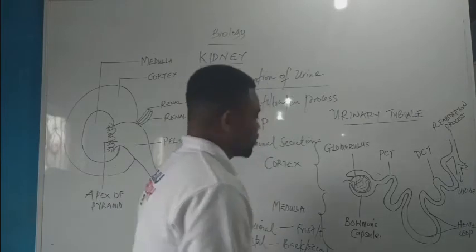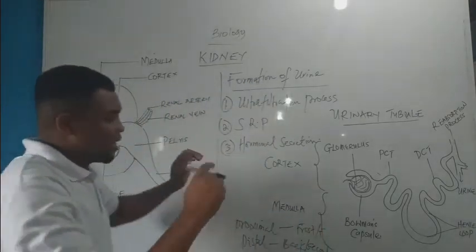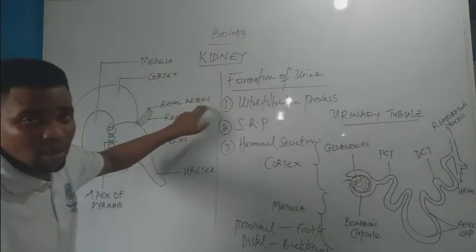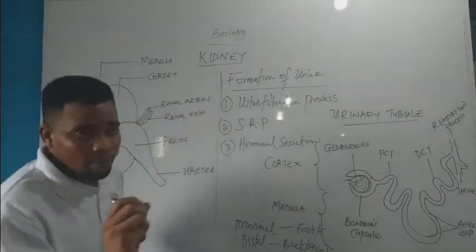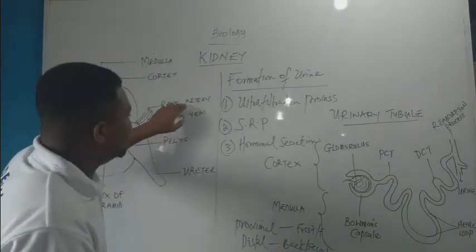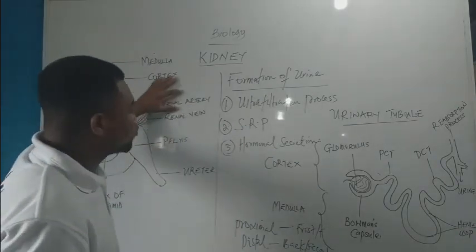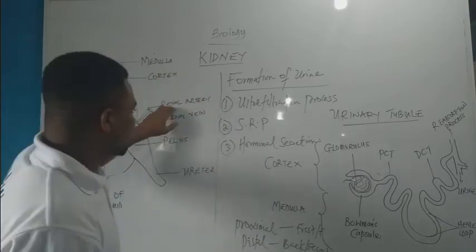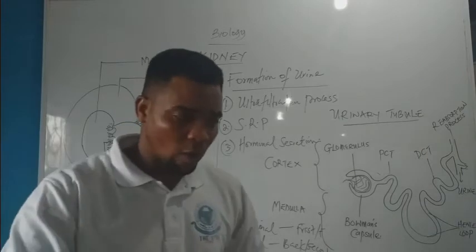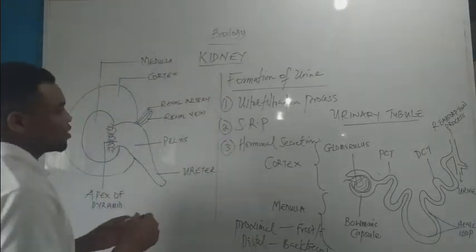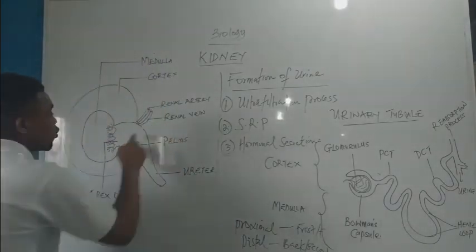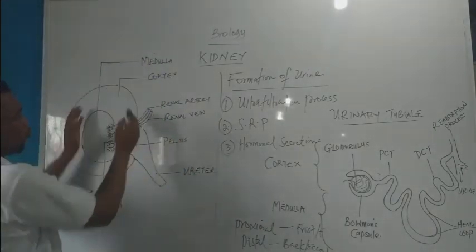Under ultrafiltration, listen carefully. Blood from the renal artery, the urinary blood, follows tiny capillaries and accumulates there. The renal arteries are tiny capillaries located very close to the glomerulus.